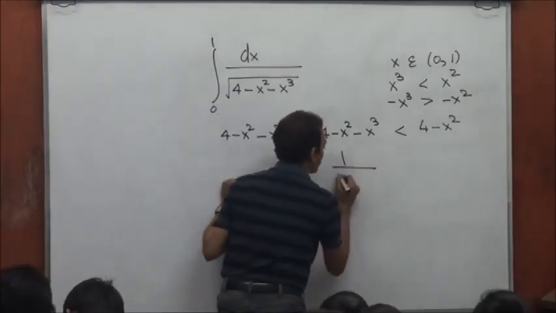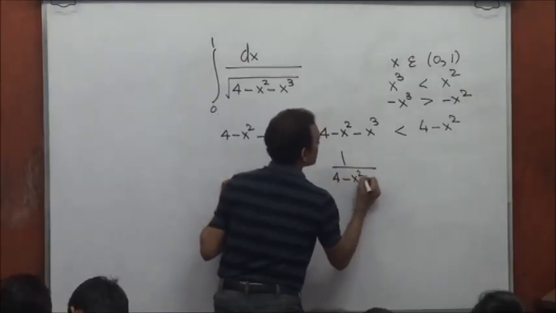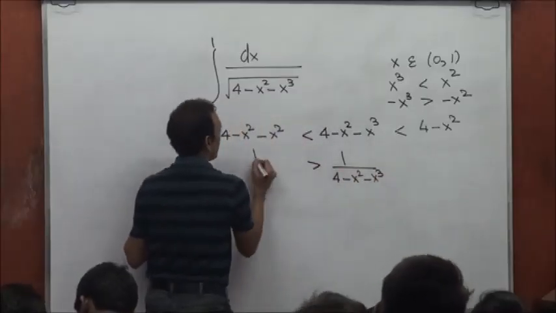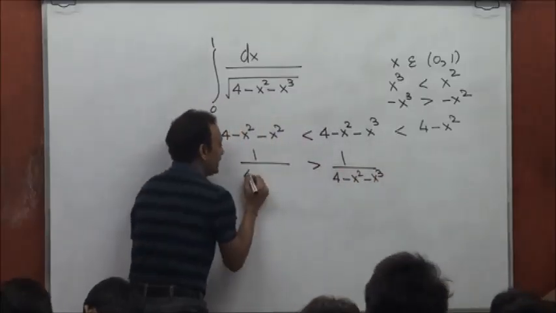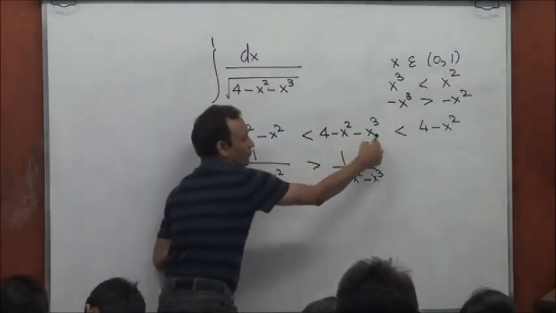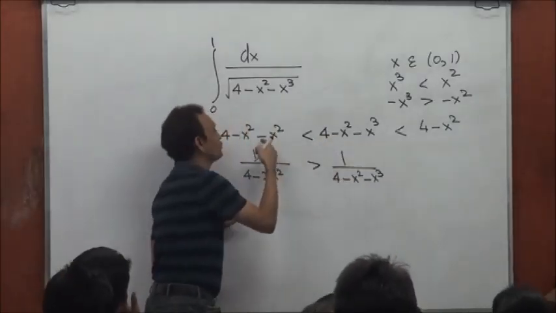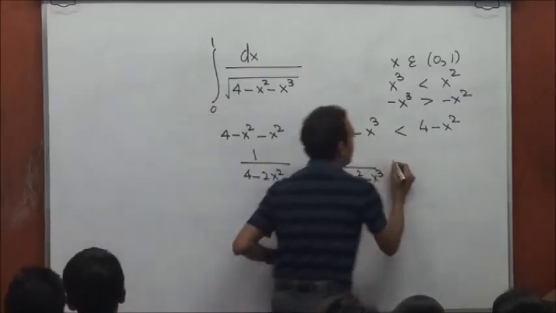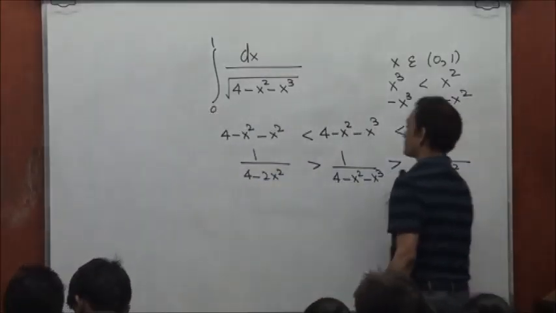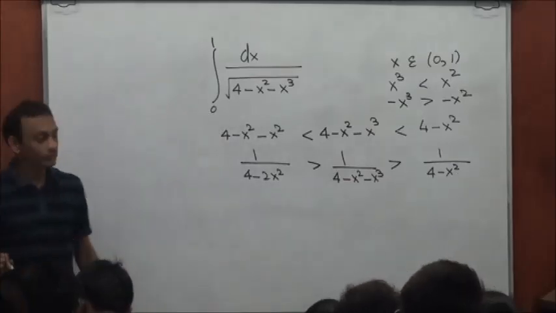So 1 by 4 minus x squared minus x cubed would be less than 1 by 4 minus 2x squared, and would be greater than 1 by 4 minus x squared. How about it?